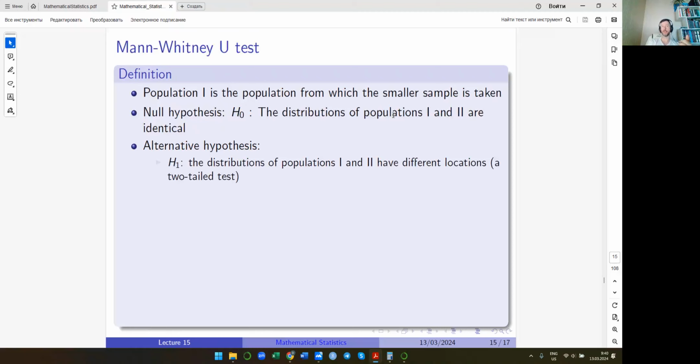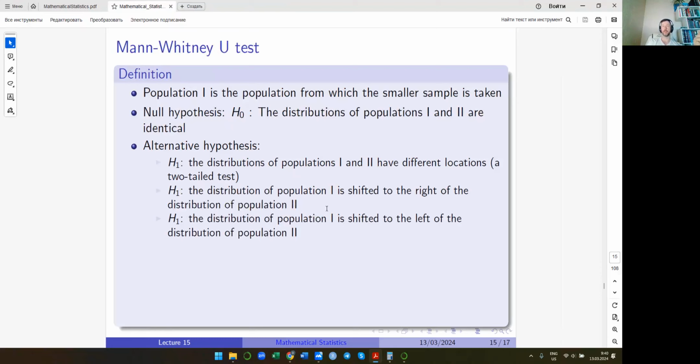This is going to be a 2-tailed test. Another alternative, the distribution of population 1 is shifted to the right of the distribution of population 2. This is going to be the right-tail alternative. And the distribution of population 1 is shifted to the left of the distribution of population 2. This is going to be the left-tailed alternative.